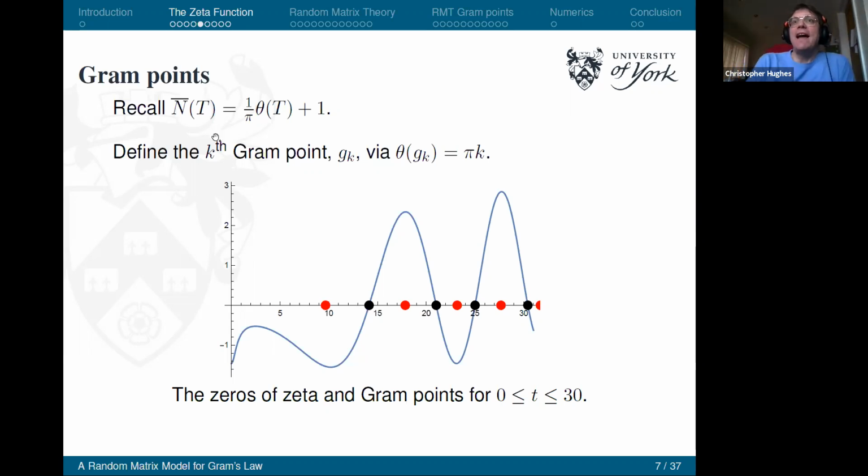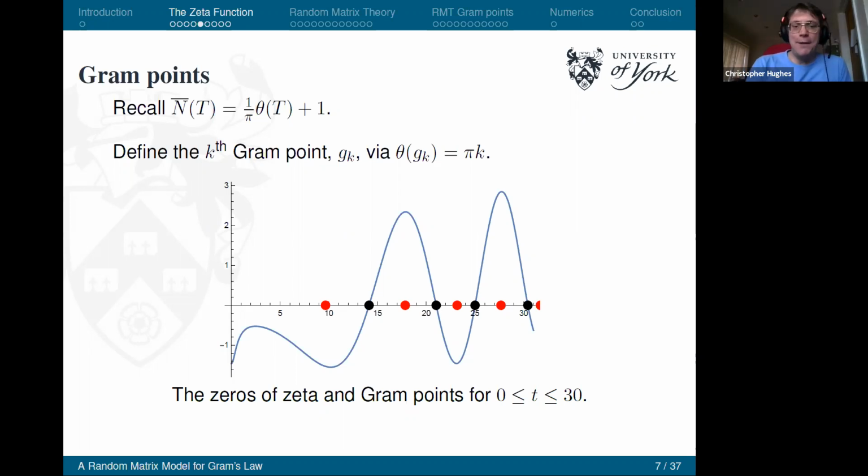So formally, I'm going to define the kth Gram point to be where theta, the function we saw at the start, equals pi times k. So this would be the 0th Gram point, the 1st Gram point, etc. Why is it pi times k? Well, if you look over here, I've divided by pi when I did the counting function.